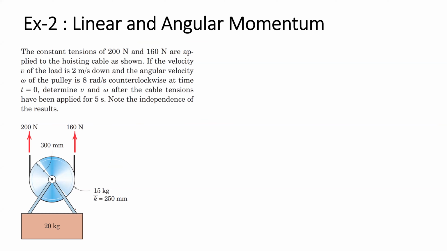In this system, they have two components. The first one is a pulley, and the second one is a mass. The mass is hung from the center of the pulley, and the pulley is driven by cable.